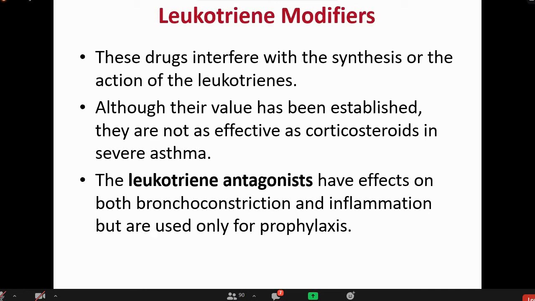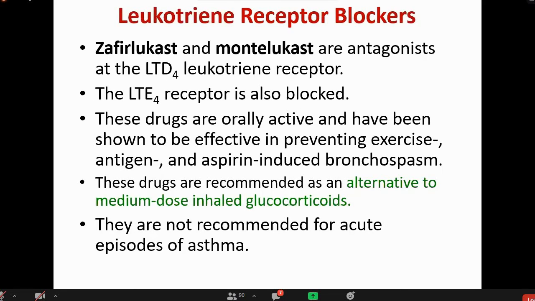The leukotriene antagonists have effects on both bronchoconstriction, this point you must remember, and inflammation, but are used only for prophylaxis. This leukotriene receptor blocker group is important: zafirlukast and montelukast.